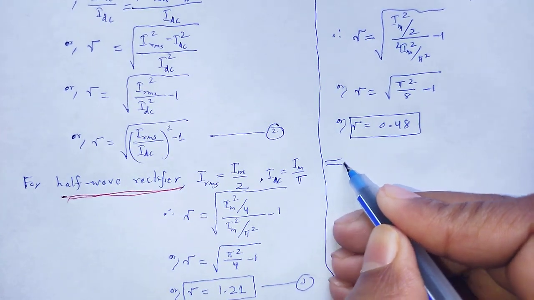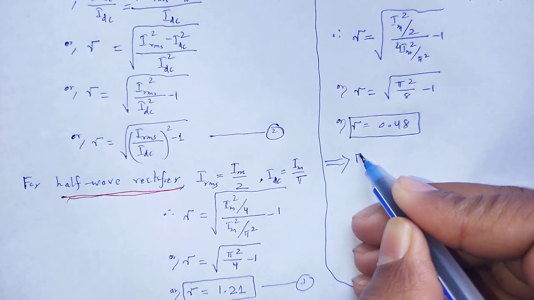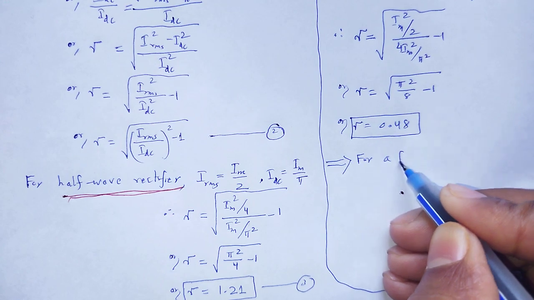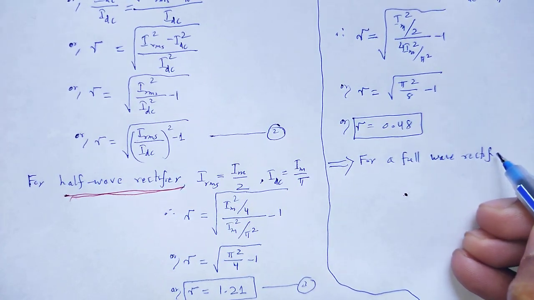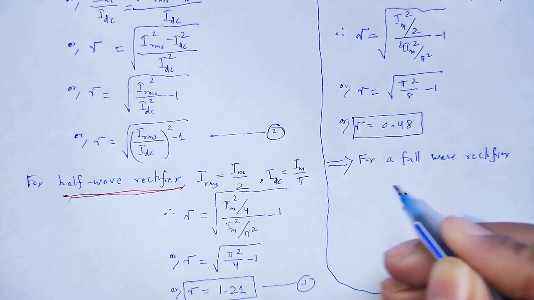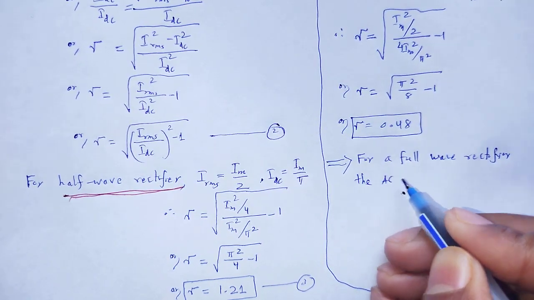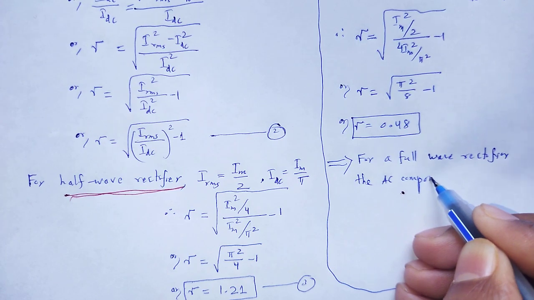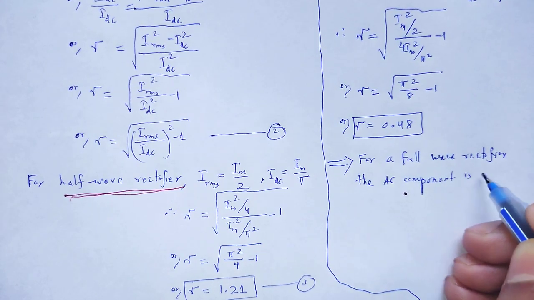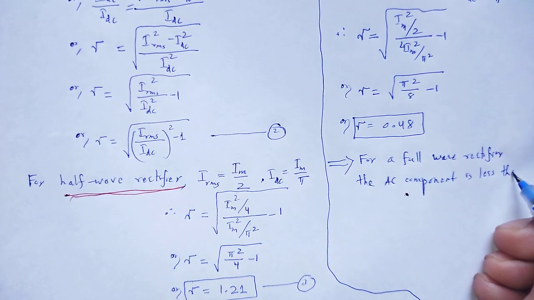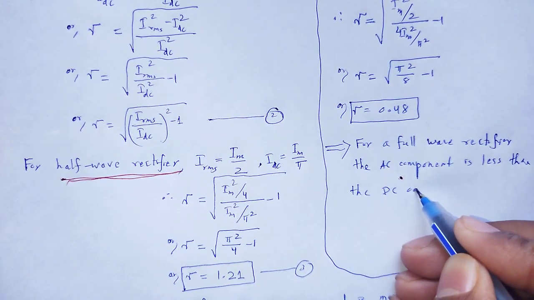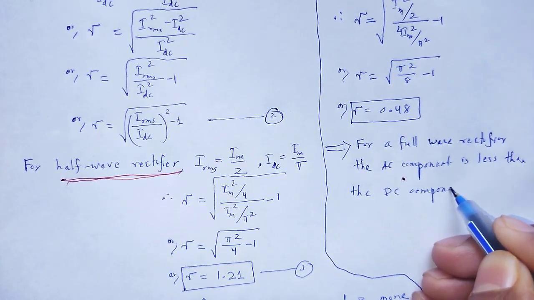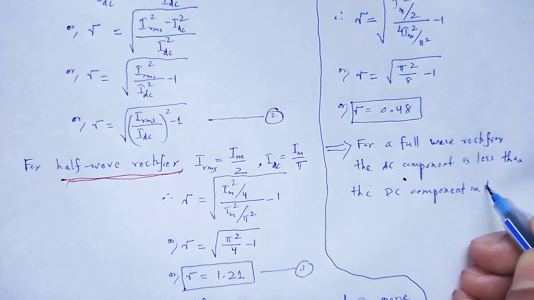Hence, we conclude that for a full wave rectifier, the AC component is less than the DC component in the output.